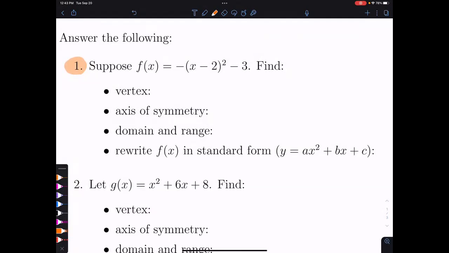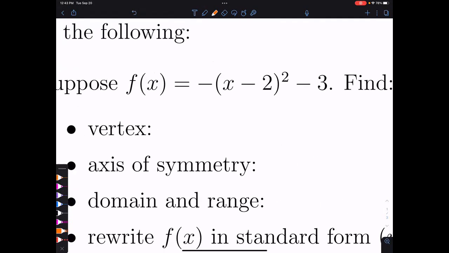Treat this just like you would have if you saw a question like this on the test yesterday. If I told you to sketch that graph or figure out how that's different than x squared, what would you do? What does this look like?